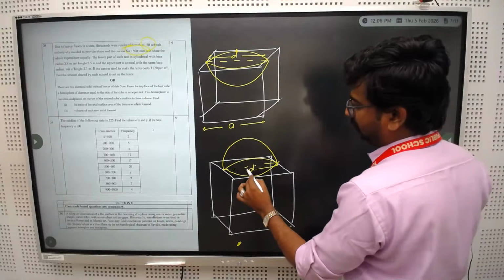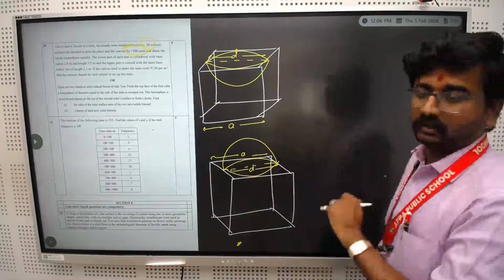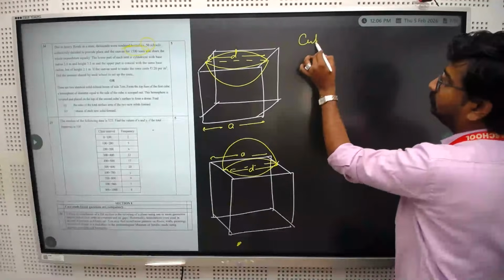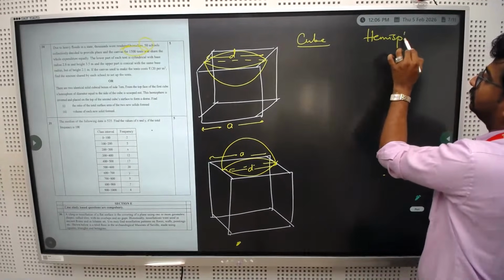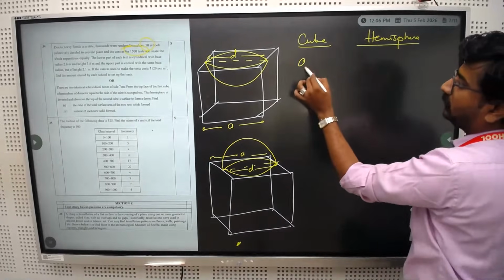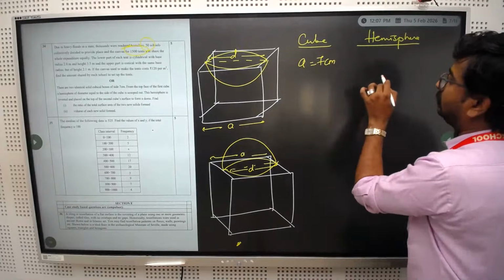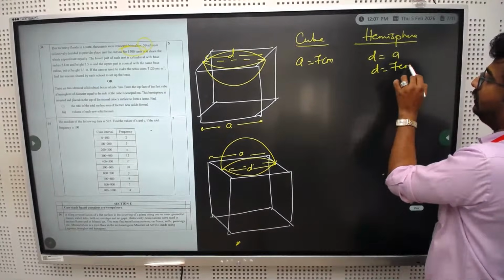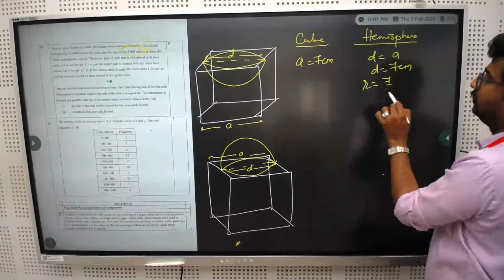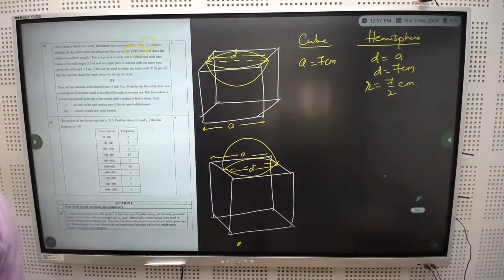Again, this is the diameter and this is the side. Both are equal. There are two shapes here, one cube and one hemisphere. Cube side is 7 centimeter. The diameter is equal to the side, so diameter is 7 centimeter. Then what is the radius? 7 by 2 centimeter. No decimals, only fractions. First write everybody up to this.